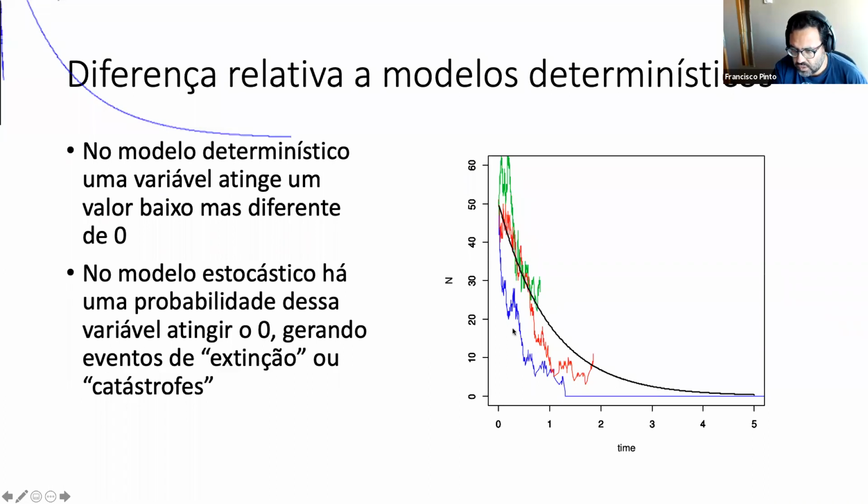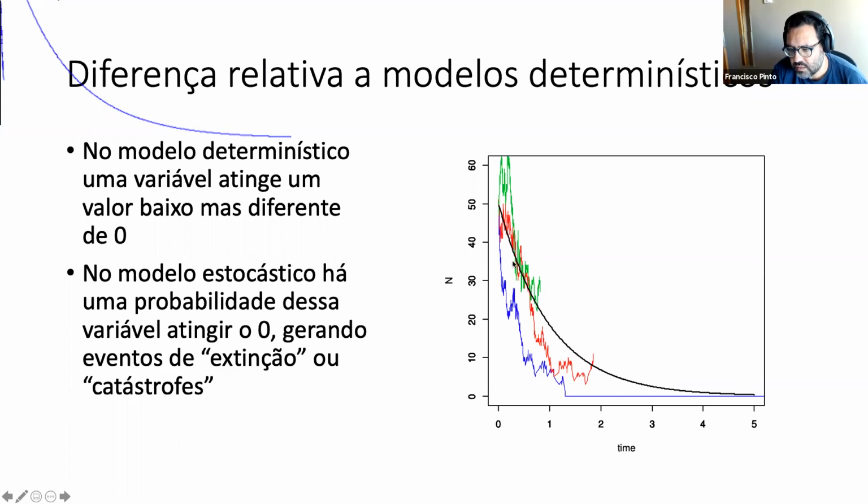We are only seeing three simulations, but if we made hundreds of simulations, eventually the average of these stochastic simulations would start to converge to the solution of the continuous differential equation system.